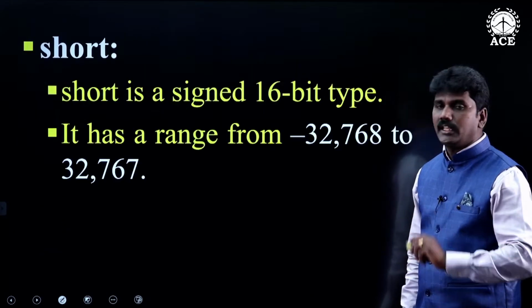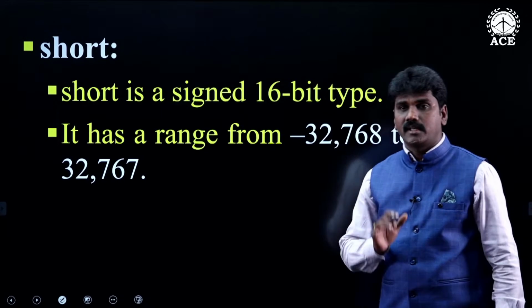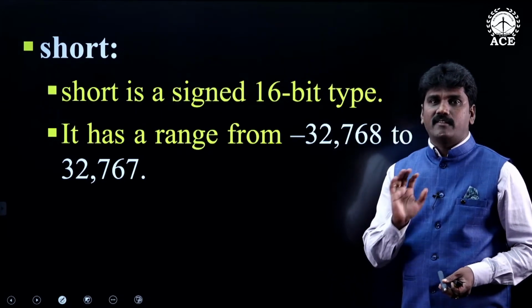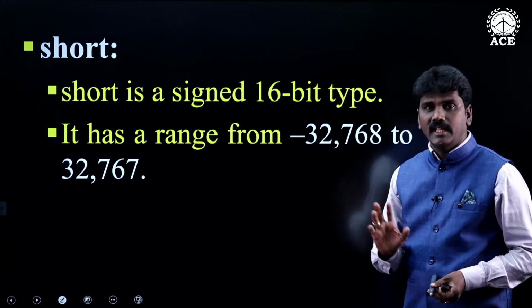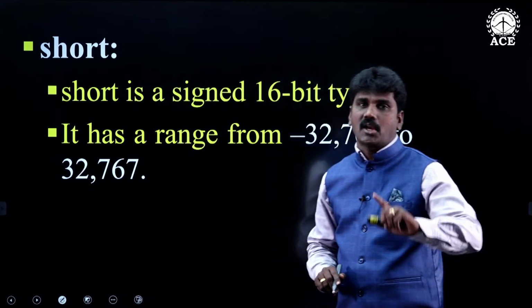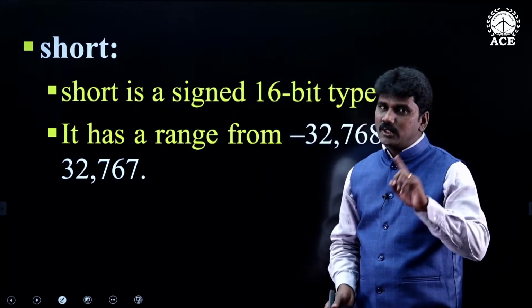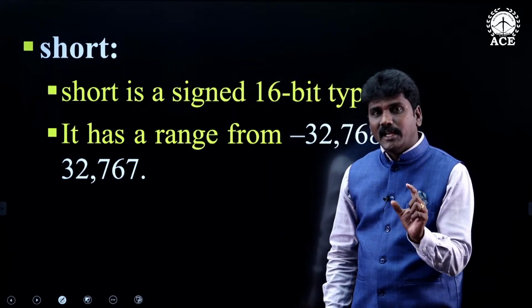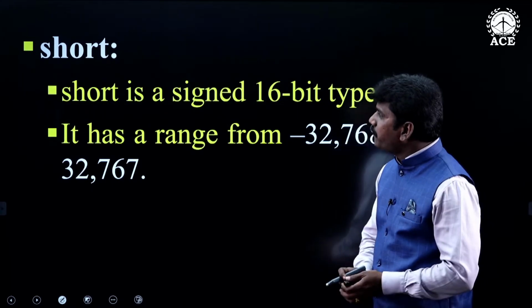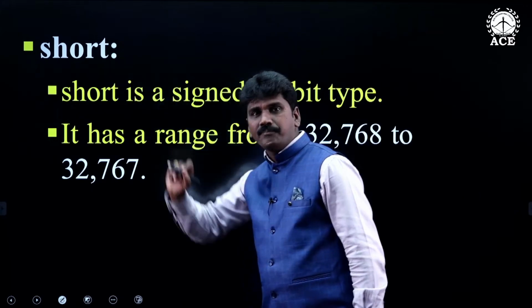Next, second one, the short data type, one of the rarely used data types in Java. We can use byte whenever we would like to perform byte stream based operations, but where are we going to use short?